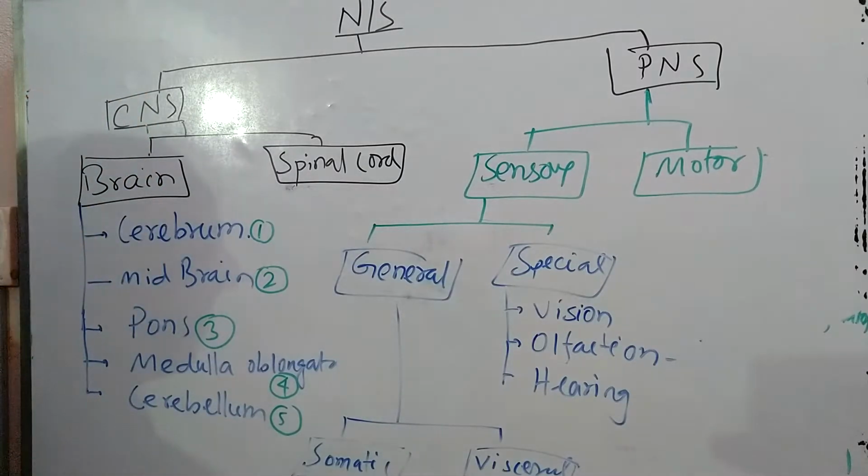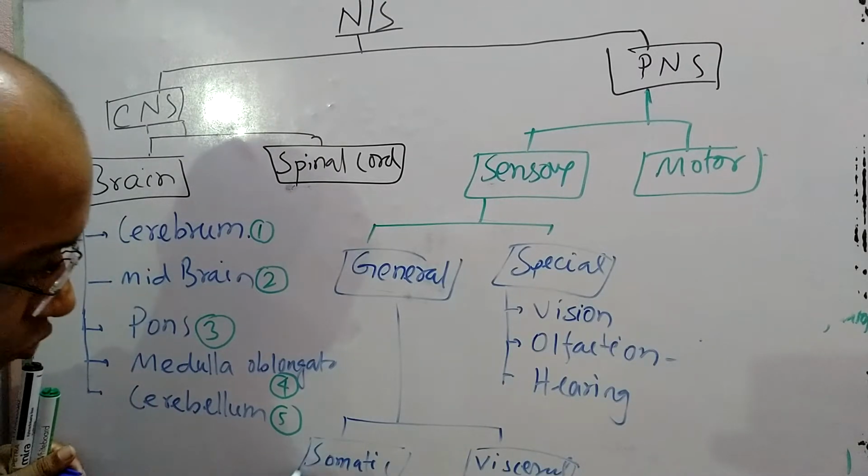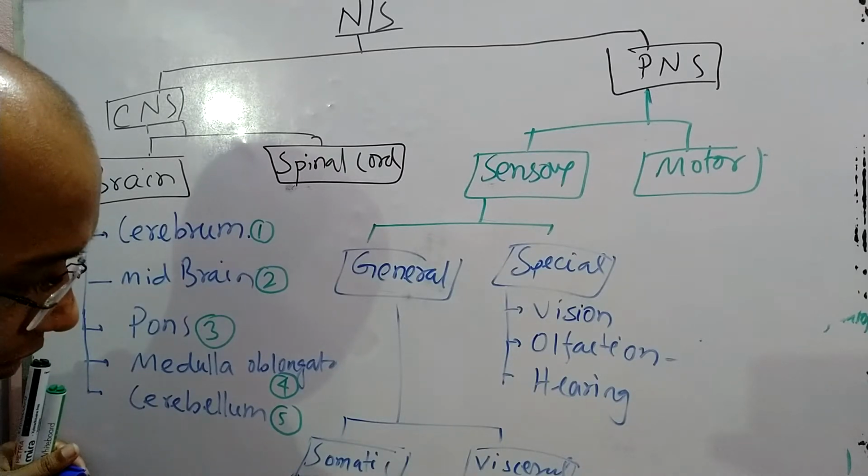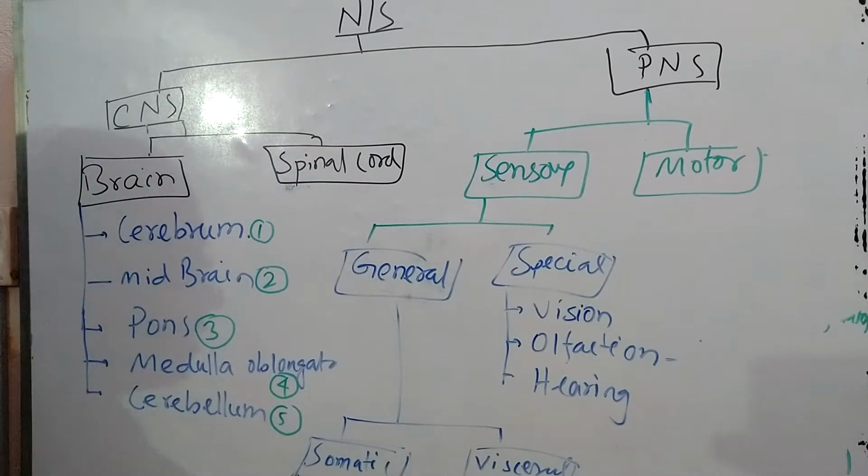Usually, the visceral pain is dull and poorly localized, whereas somatic pain is acute and well localized. There are other somatic general sensations like touch.